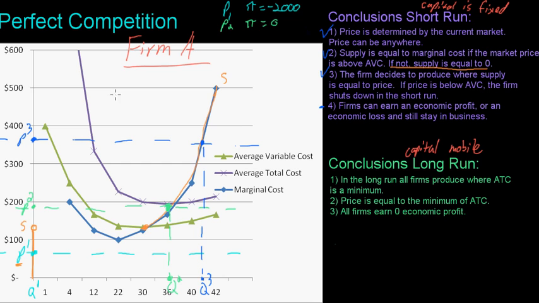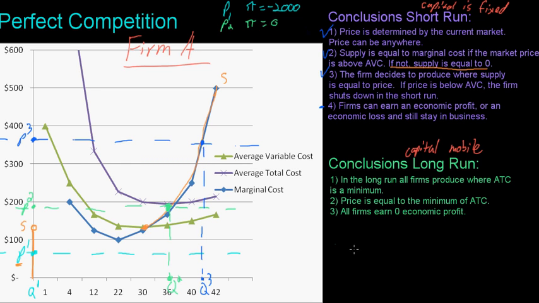Now at P3, the firm earns an economic profit. And we can see that because price is above average total cost at the amount of output that they choose. So again, price here is like, I don't know, maybe $375, and average total cost is way down here, just a little bit above 200. So the firm makes an economic profit.